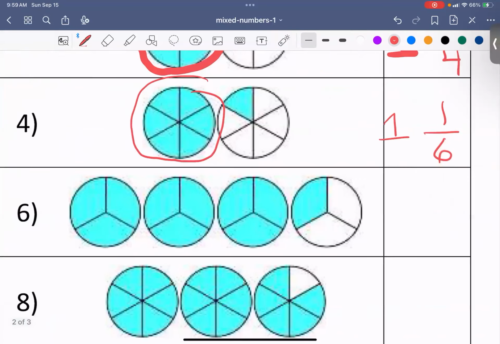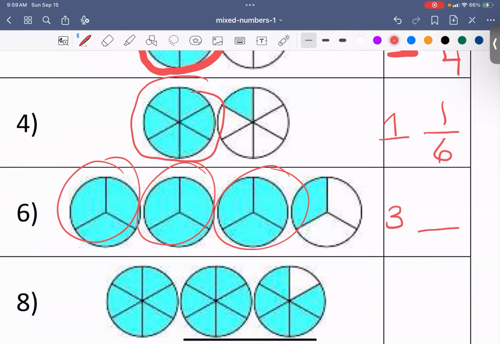And number 6, we have 3 whole circles that are shaded, and the last one is cut into 3 parts, and only one part is shaded. So we have 3 and 1/3.